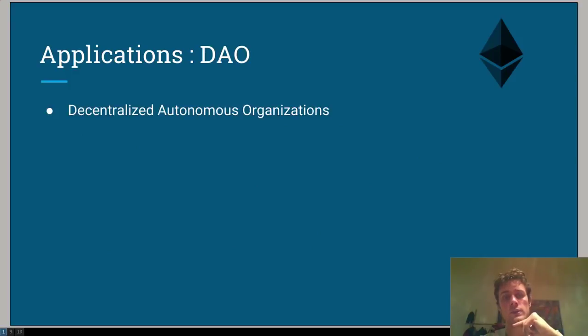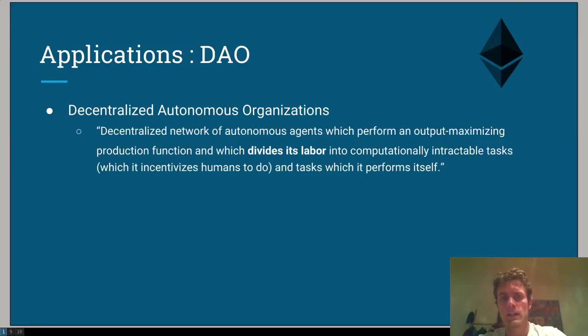Decentralized autonomous organizations. Basically, it's like a company or an institution, but it's made of agents, typically not humans, that follow a certain set of rules, and together they create some kind of moral entity, in the same sense that that's how you describe a company.